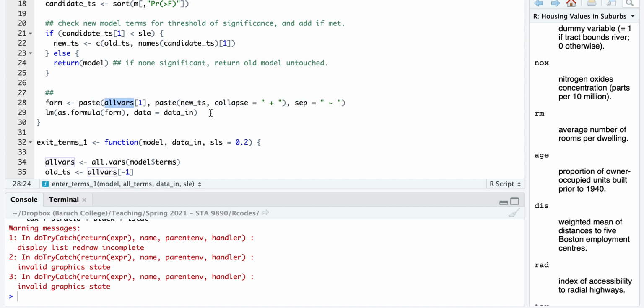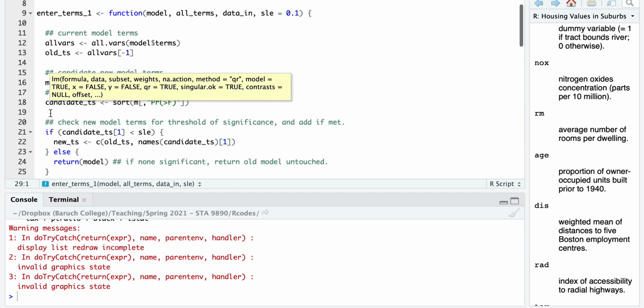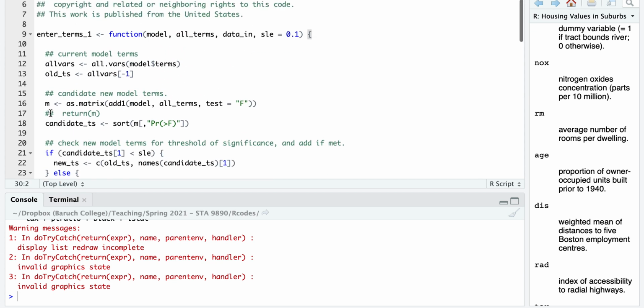Take the response, take these predictors, put between this plus, and then separate the predictors where there are pluses in between with this tilde from the response, and that will be the formula. And then using this data, turn this into a formula, do a linear regression fit, and then that's what will be returned.